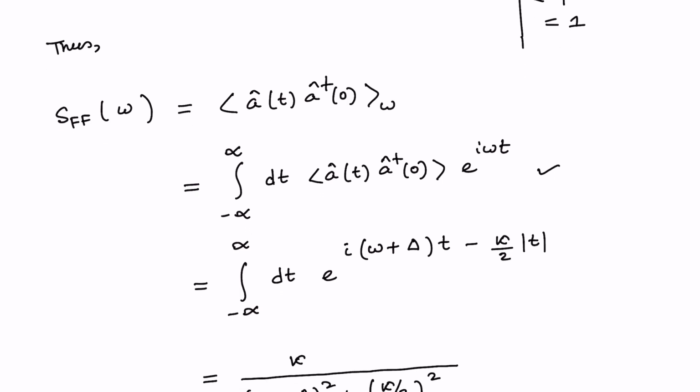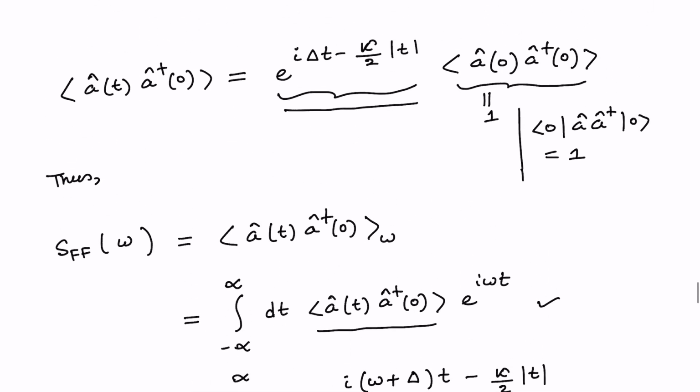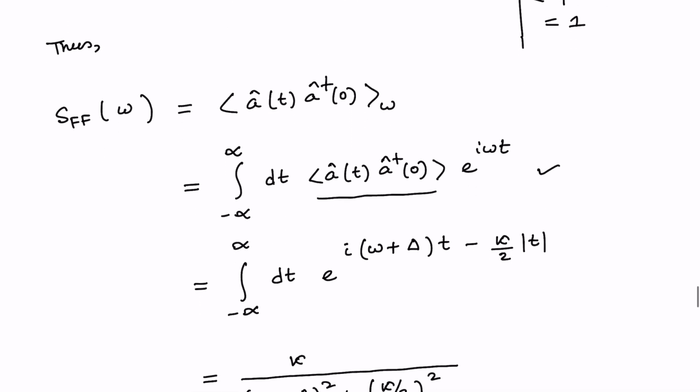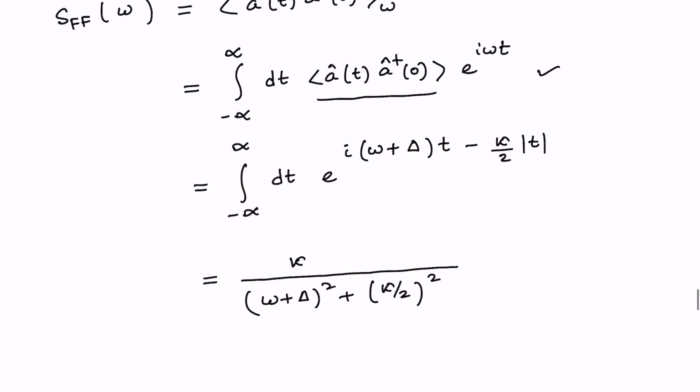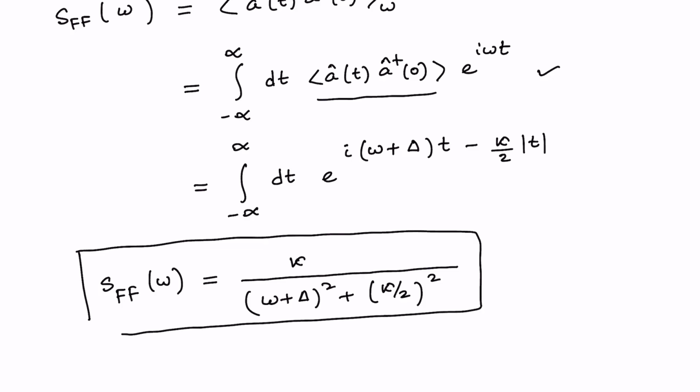Because this part gives us this term here, we have to evaluate this integral, and evaluating it, you are going to get SFF, the spectrum at the frequency omega, which is found to be this simple expression.